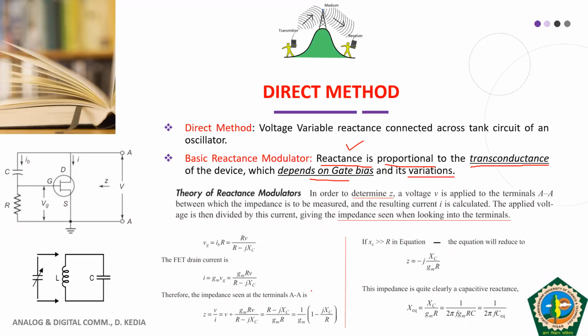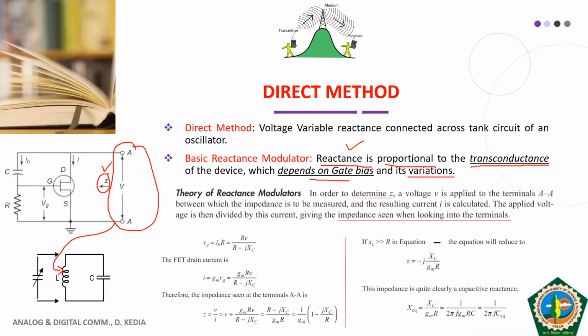So what we try to prove here is that this AA terminal will be connected to the input of this tank oscillator. We want to find out the impedance of this circuit, that is Z, and we want to prove that this Z is a voltage variable reactance, either in the form of capacitance or in the form of inductance.